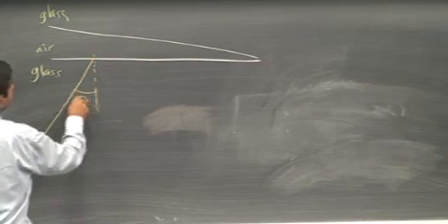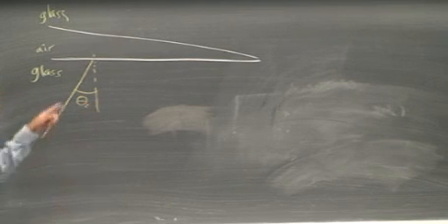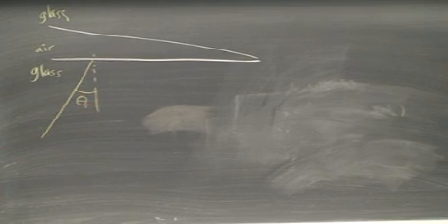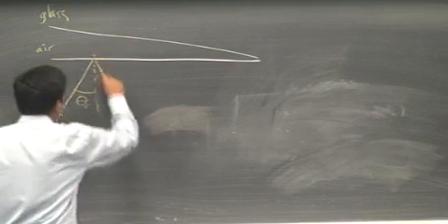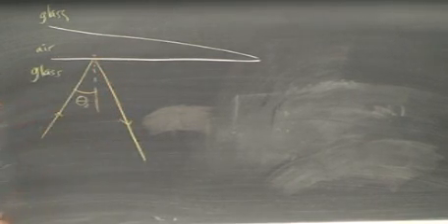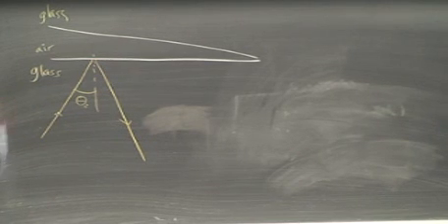Suppose this angle of incidence is greater than the critical angle. What will happen? Total internal reflection happens. All the light goes back in, and none of the light is transmitted.